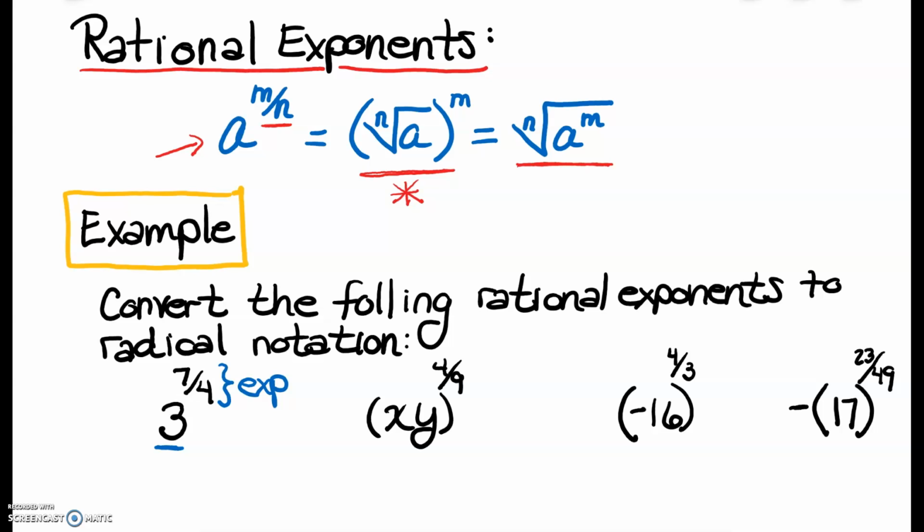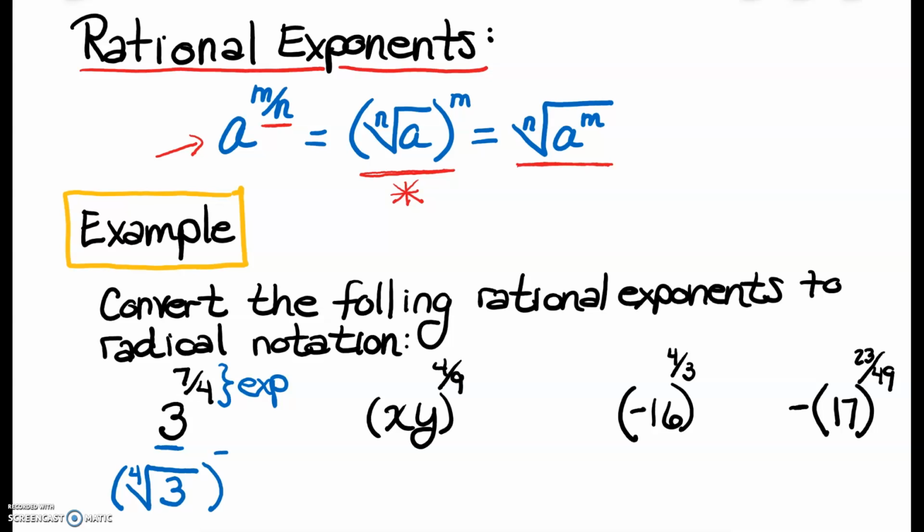So how do we convert this to radical notation? Well, we're going to convert it into both forms. The first form is where we put our radical in parentheses. We put our base inside the radical, and then the denominator of our rational exponent is the number that we put in for the index.